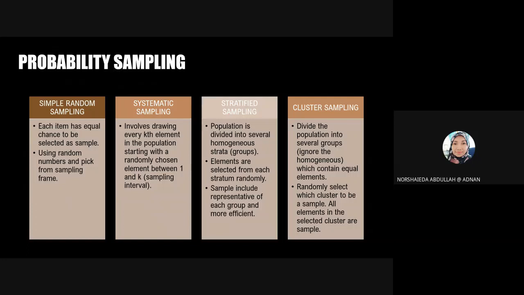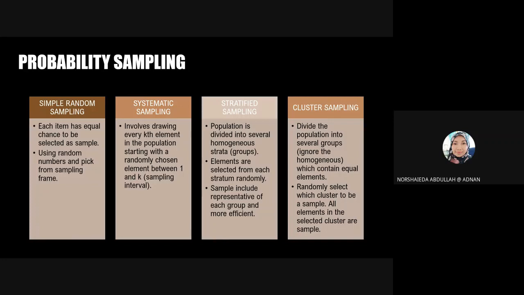Okay. So untuk stratified, we divide the population into smaller groups, strata, and then we will select sample from each group. Okay. Untuk cluster pula, kita divide the population into smaller groups, or we call it cluster, and we will randomly select cluster as sample.